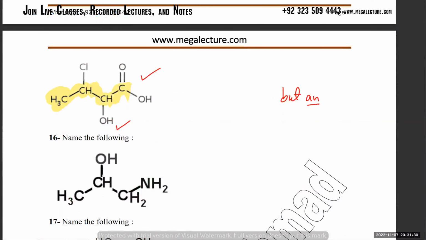So you're going to call it oic acid, and the alcohol will then become a hydroxy branch, since you're not naming the main chain on it. So you got two branches. You got a chloro branch and a hydroxy branch; alphabetically, I think chloro will come first.